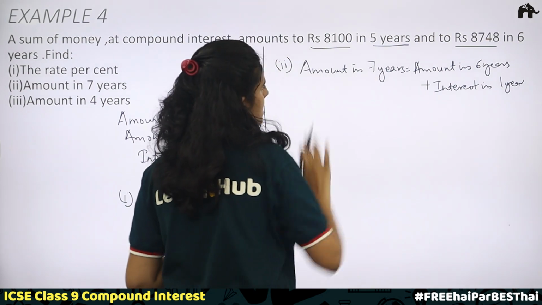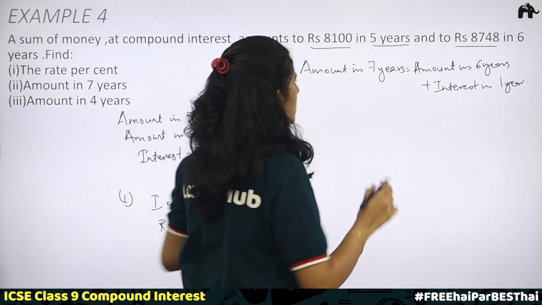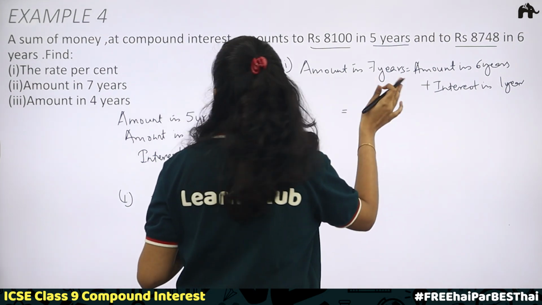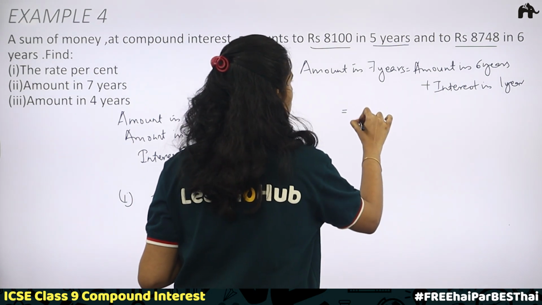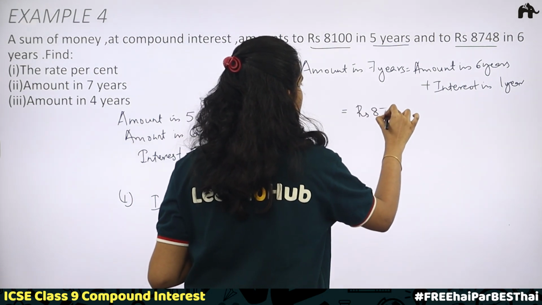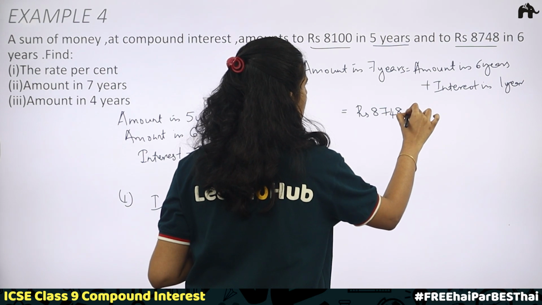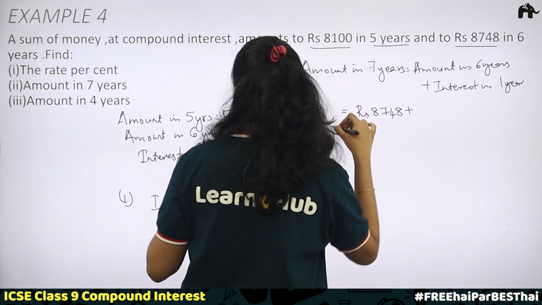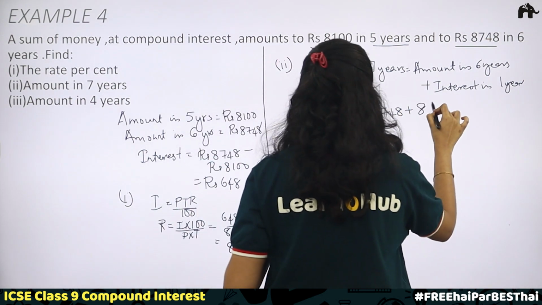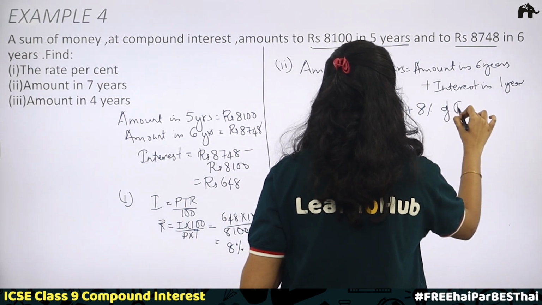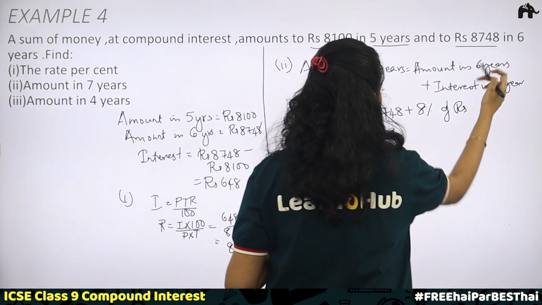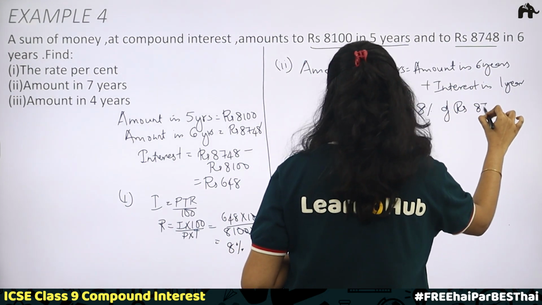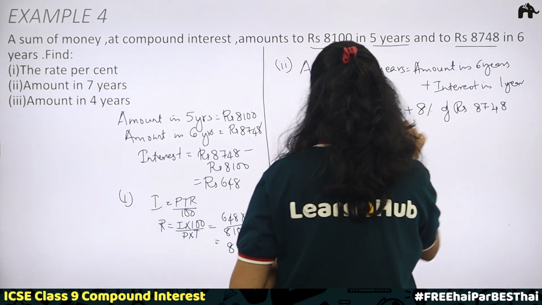Now the amount in 7 years we have to find. We know the amount in 6 years. The amount in 6 years is equal to rupees 8748 plus the rate of interest we have determined, which is 8%, of this amount in 6 years, that is 8748.